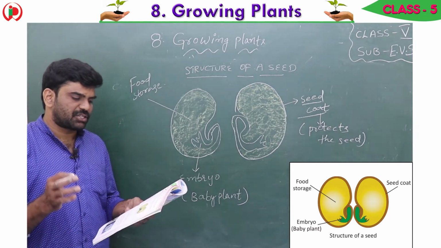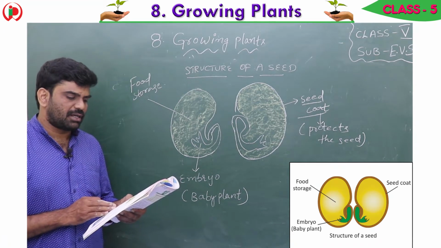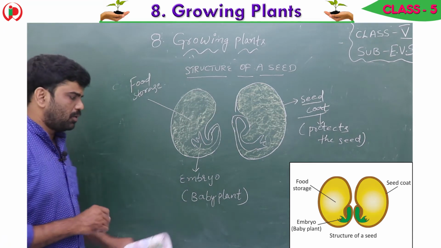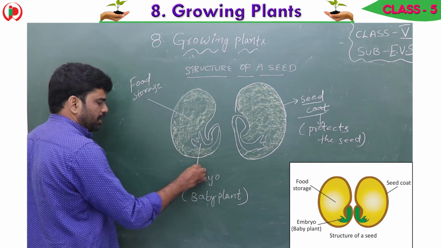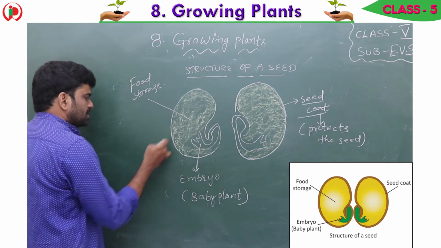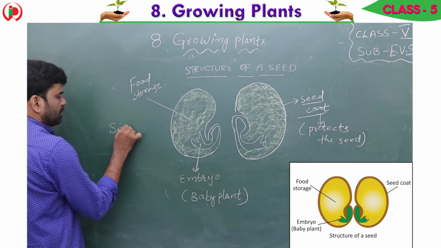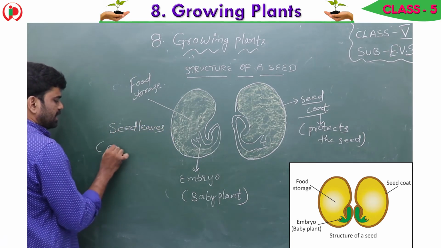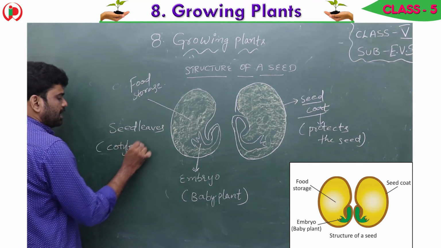The seeds have special seed leaves or cotyledons. Cotyledons protect the baby plant called embryo. So this is called the embryo. So these seeds contain mainly seed leaves. What are present, children? Seed leaves. The other name for seed leaves is cotyledons.